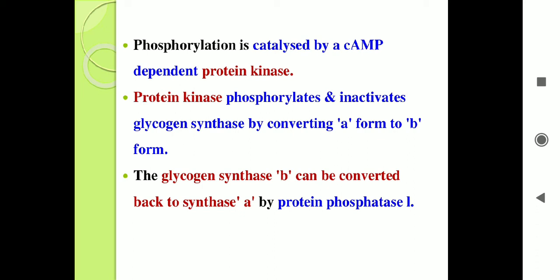Then the glycogen synthase enzyme which is in the second form can be converted back to the first form by protein phosphatase enzyme. So the non-phosphorylated and phosphorylated forms of glycogen synthase can be converted reversibly, A to B or B to A, but different enzymes, or different processes, are responsible for the conversion.